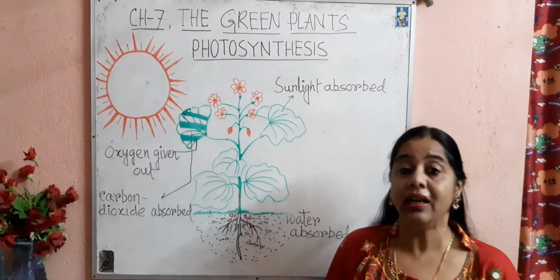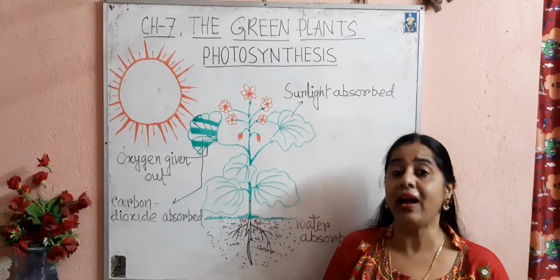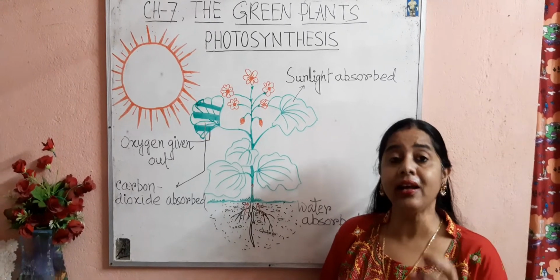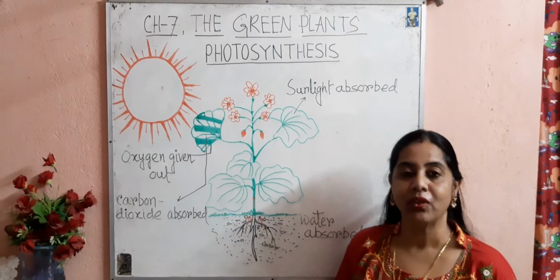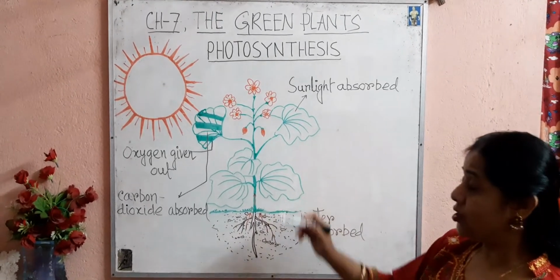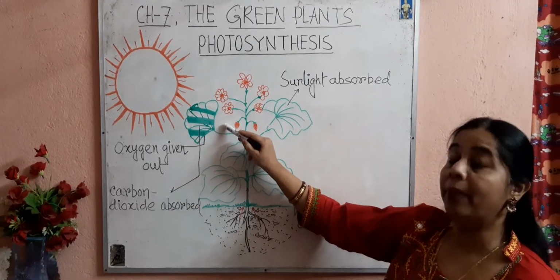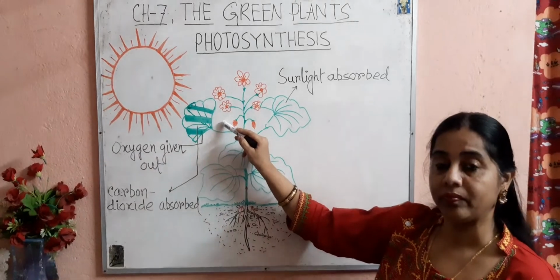Now children, let us see how a green plant collects all the raw materials needed for photosynthesis. Just now I told you that the chlorophyll present in the leaves traps the sunlight.